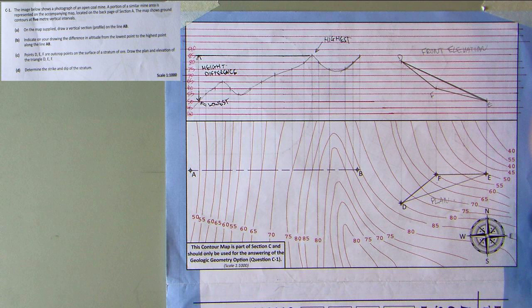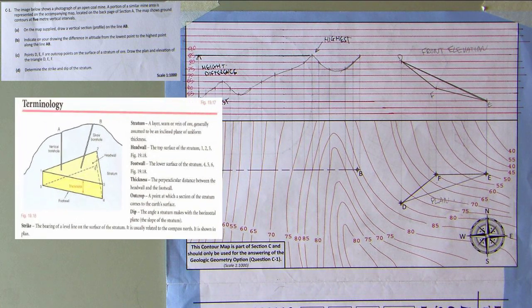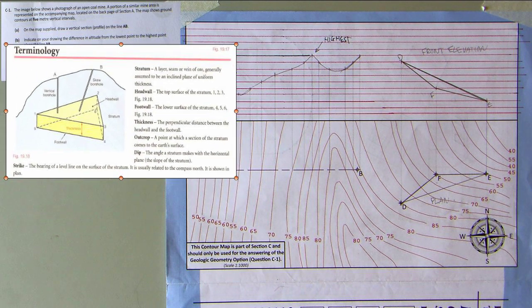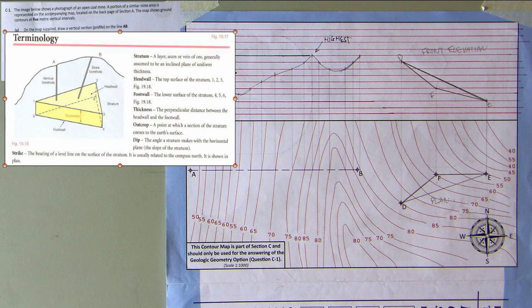Okay, now I'm just going to insert another picture here for a second. If we look at our definition of what a strike is, strike and dip. So the strike is the bearing of a level line on the surface of the stratum, usually related to the compass north, and it is shown in plan.